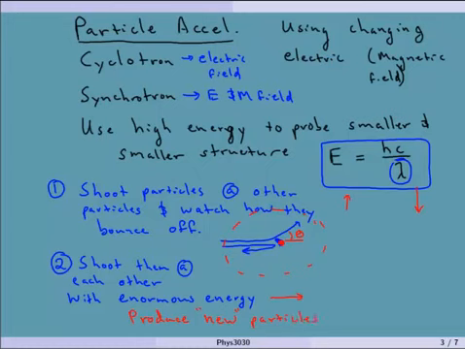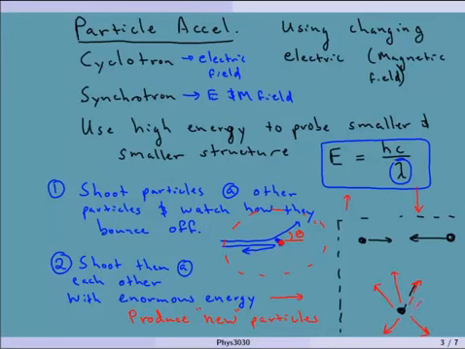Let's draw a little box over here. In the first case, maybe I'll shoot one particle this way and one particle this way, and when they hit each other, you get all kinds of stuff in all different directions, all different kinds of particles.